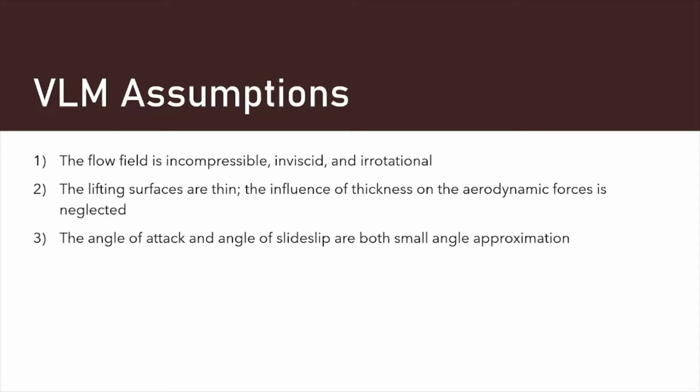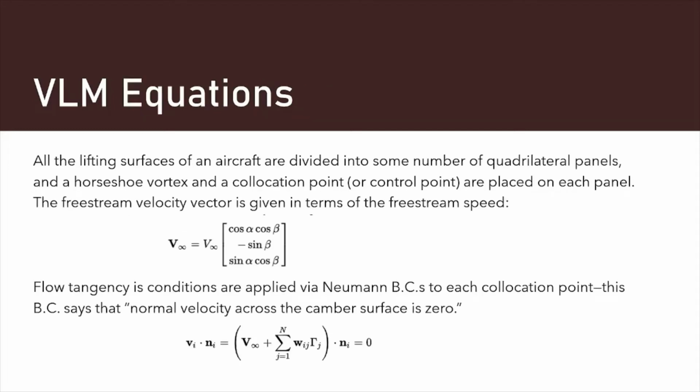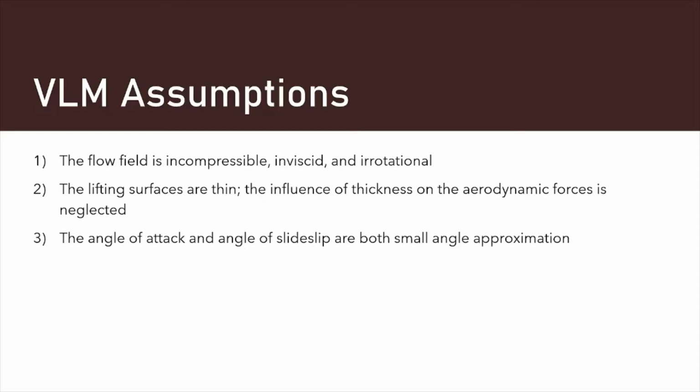So that kind of goes into the theory and derivation of these equations. I'm going to spare you a lot of the equations that are used, but basically, all the lifting surfaces of an aircraft are divided into some number of quadrilateral panels, and a horseshoe vortex and a collocation point. Oh, I'm going to jump back a little bit.